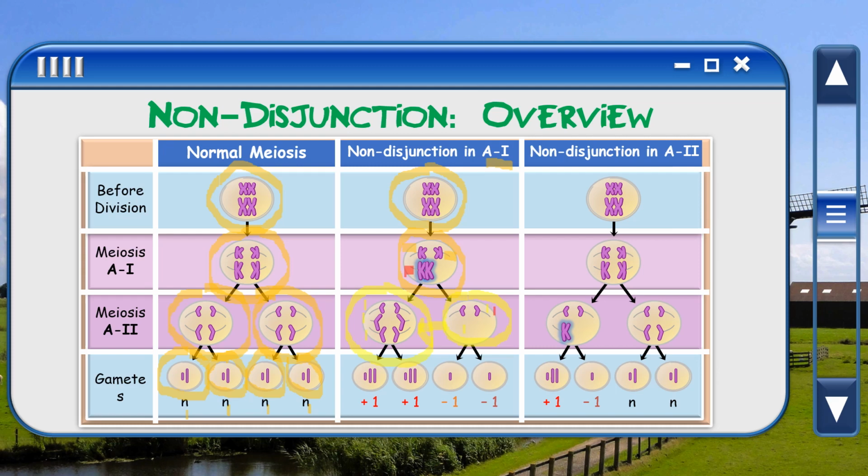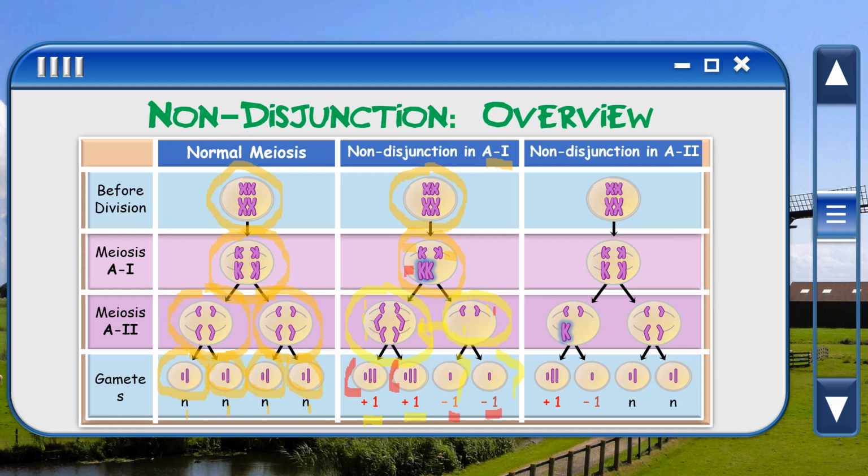So when we form our gametes, here we are going to see we are forming a trisomy with 3. This is also a trisomy with 3. And here, it has only 1, yet it is supposed to have 2. It is less. This one is more by 1, this one is more by 1, and this one is less by 1, and this one is less by 1.